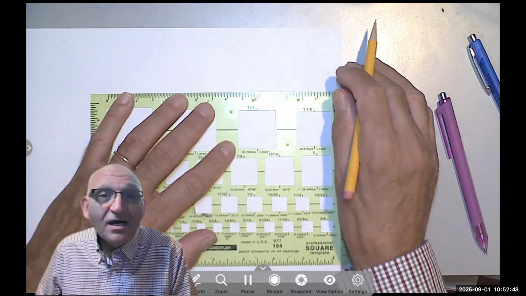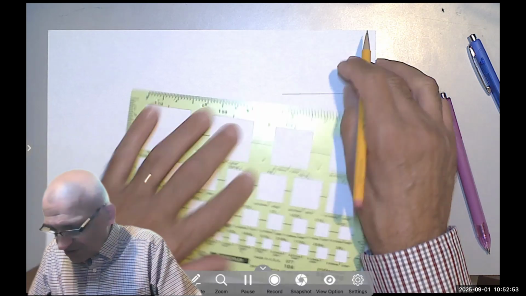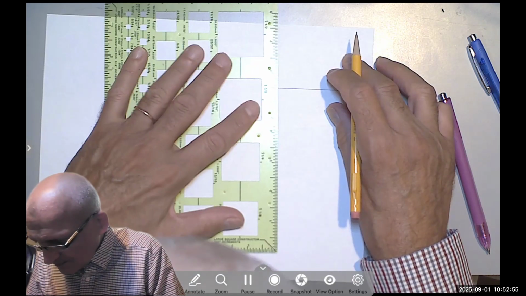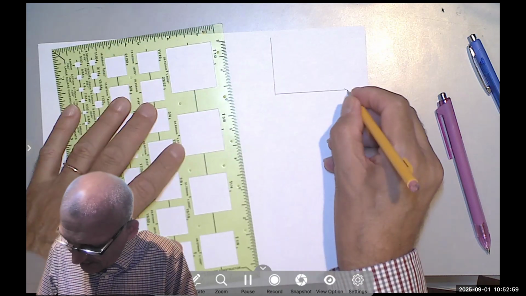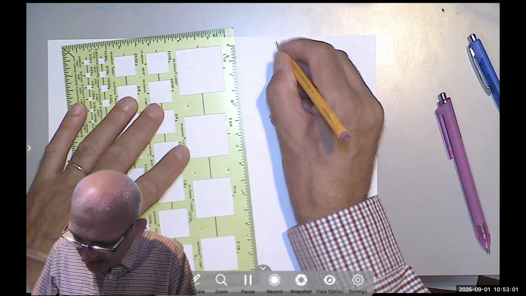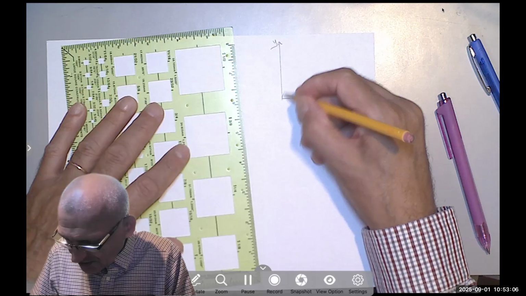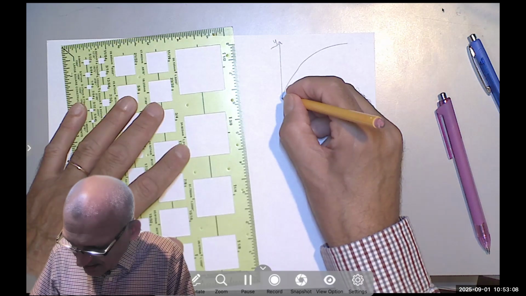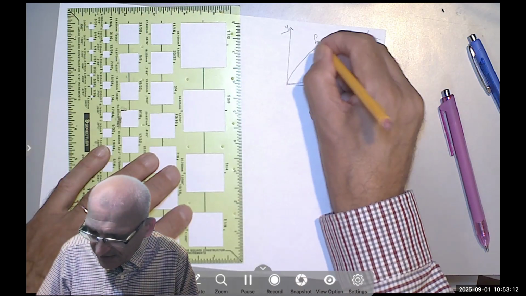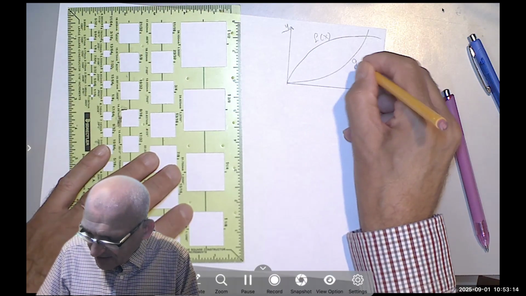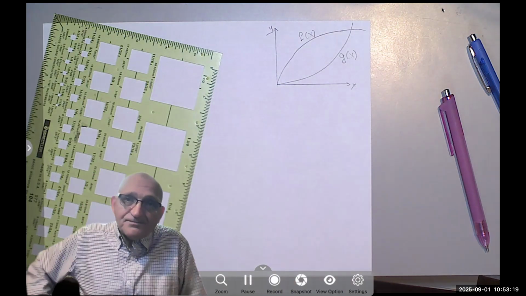Okay, so areas between two curves. Suppose I have two curves, one of them is f of x, one of them is g of x, and they don't have to intersect at the origin, but let's introduce something like that. So this is f of x and this is g of x, and I want to find the area between them.